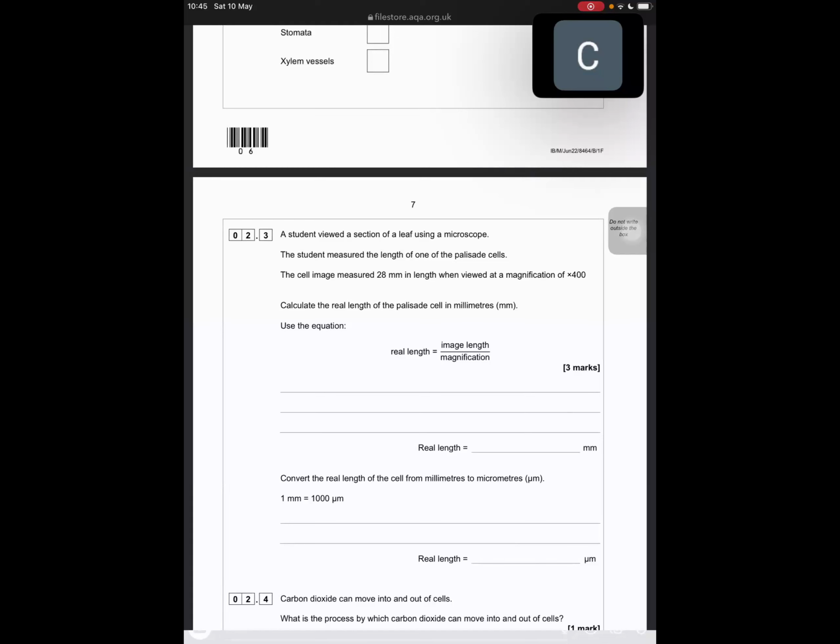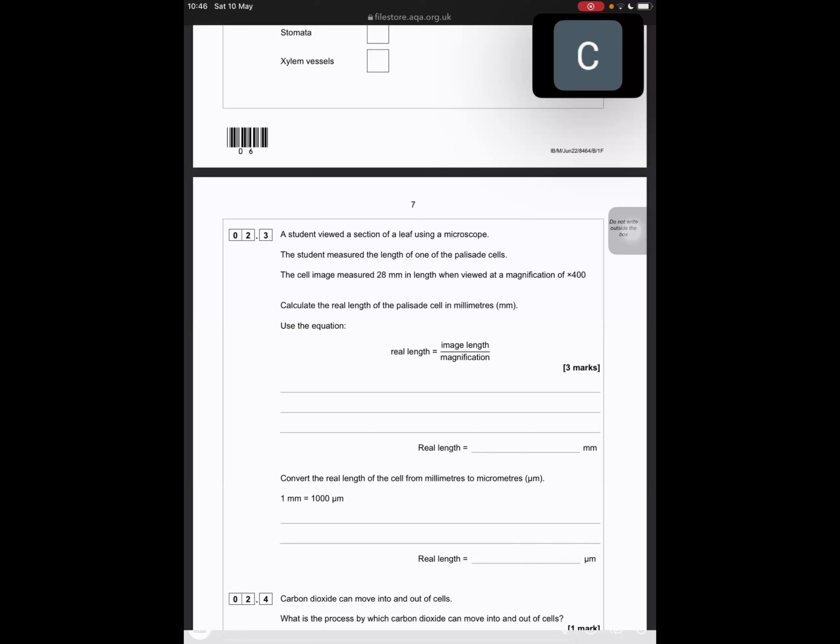Conversion measures. 100 centimeters make 1 meter, so you know whether you are multiplying or dividing. In this case, we're going to be multiplying by 1,000.